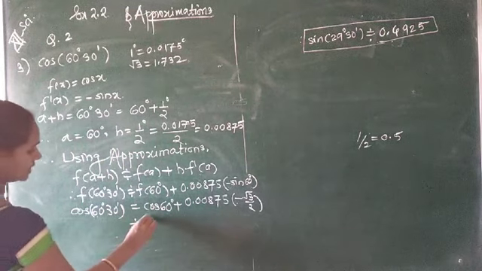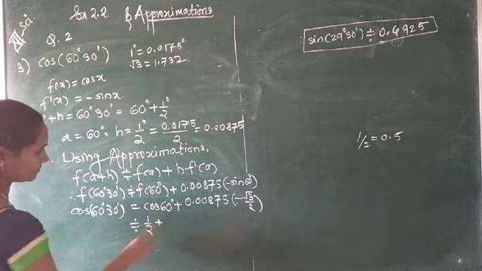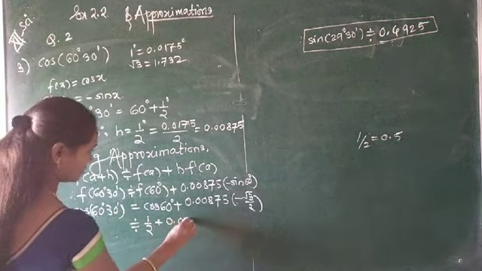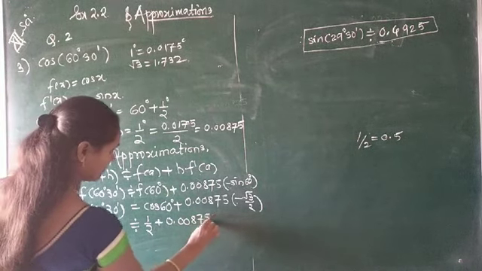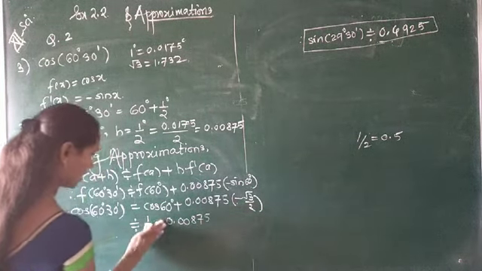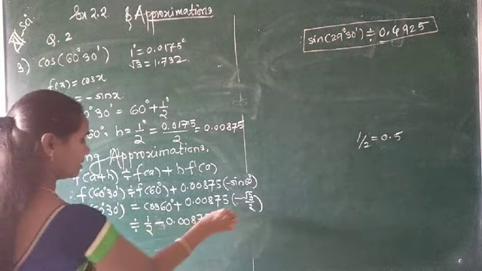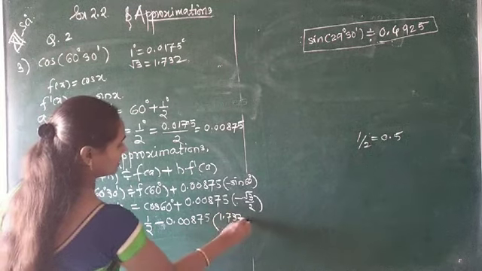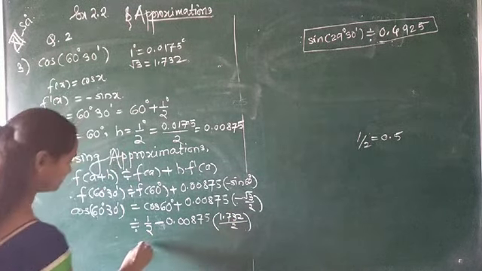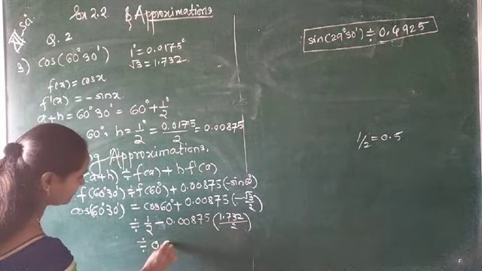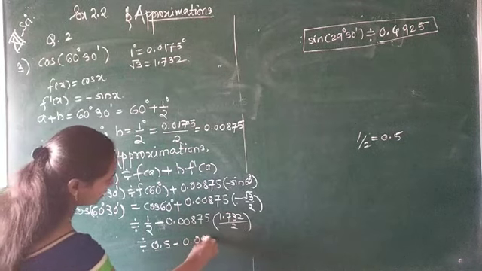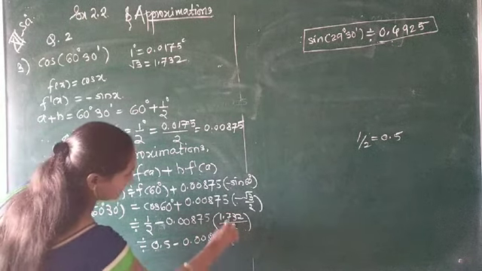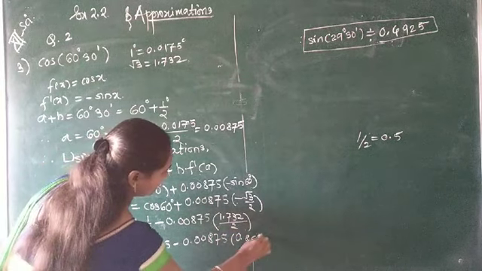Cos 60 degree is 1/2, plus 0.00875, because of this minus sign, they take the minus sign, root 3 upon 2, the value of root 3 is 1.732 upon 2. 1/2 means 0.5 minus 0.00875 again as it is, and this is 0.866.